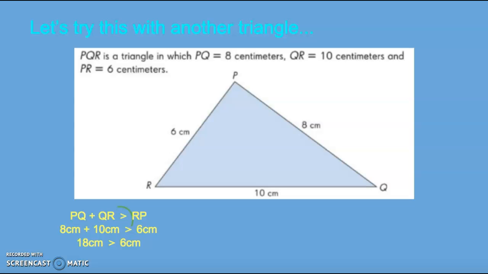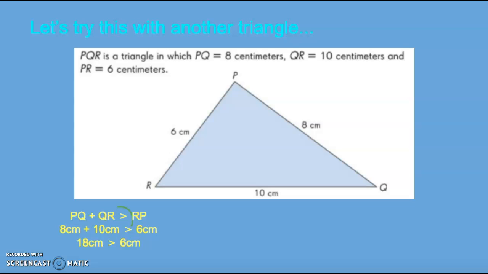So we insert the values that we know for the side lengths to check this out. Side PQ has a length of 8, so we replace those variables with the value 8. Side QR has a length equal to 10 centimeters, so we replace that variable with 10. Then we add them together to be 18, and 18 is greater than 6 centimeters, the length of side RP.